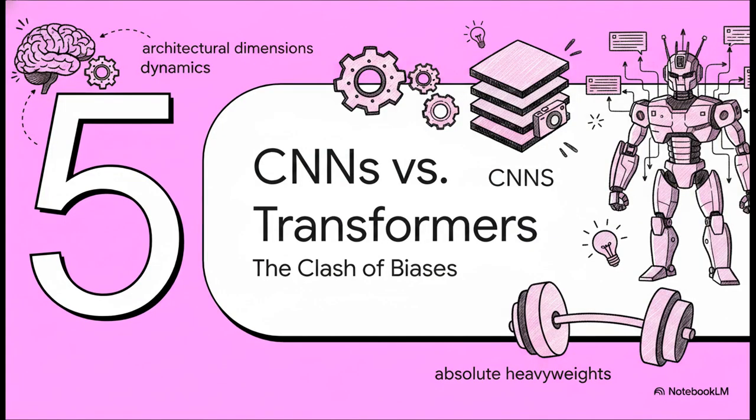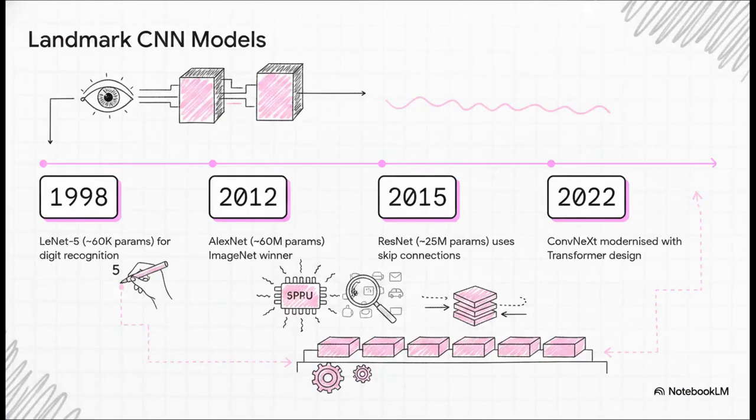Which brings us to Section 5, CNNs versus Transformers, the clash of biases. Let's look at the reigning champion of computer vision for a second, the Convolutional Neural Network, or CNN. Checking out this timeline, it's pretty wild. Back in 1998, LeNet-5 pioneered digit recognition with just 60,000 parameters.